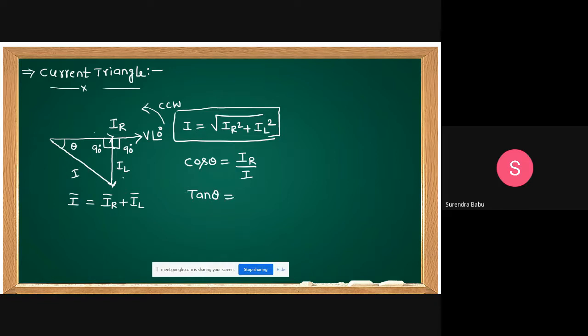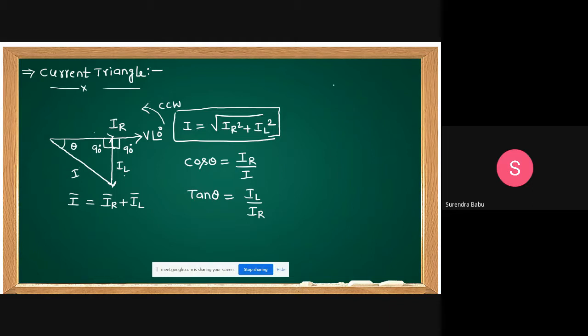This is IL by IR. Clear? Next. This is the current triangle.